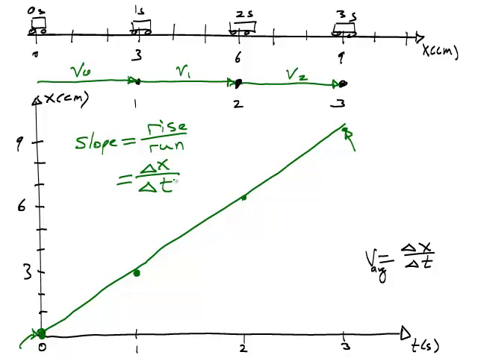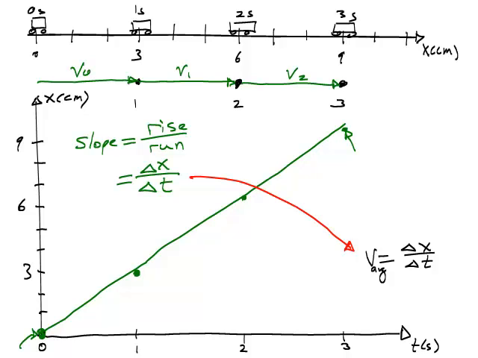Now this should look familiar to us because this is what we just wrote over here for the average velocity. So the slope of our line on a position versus time graph is the average velocity.